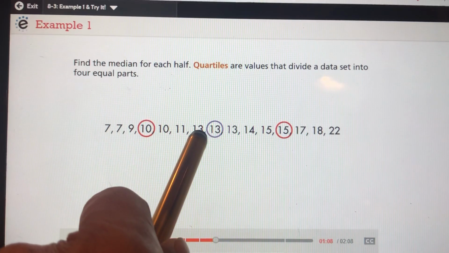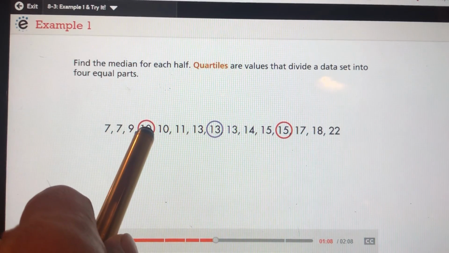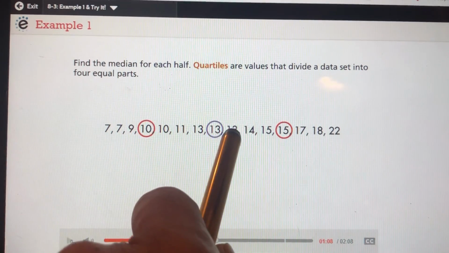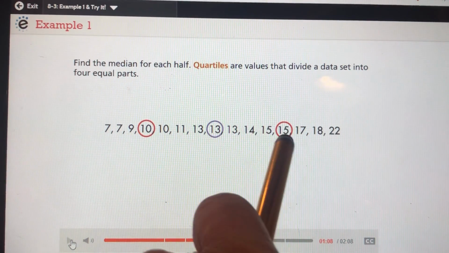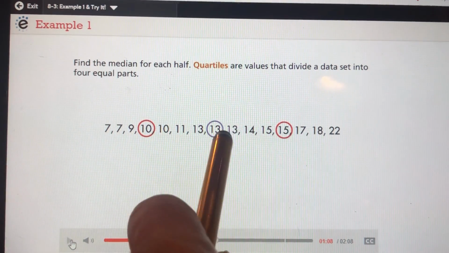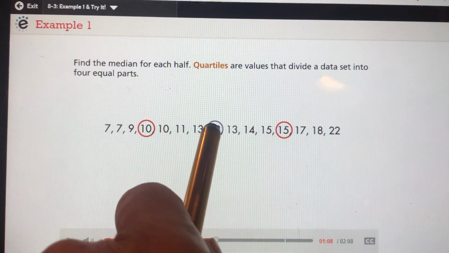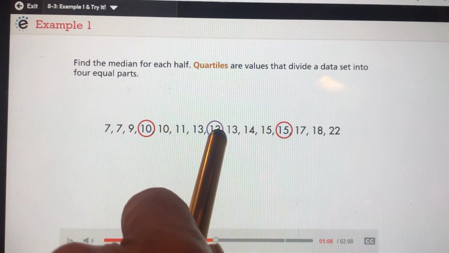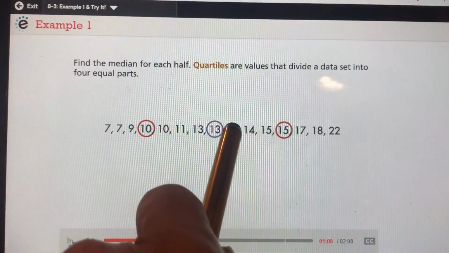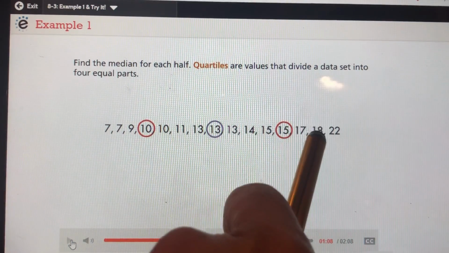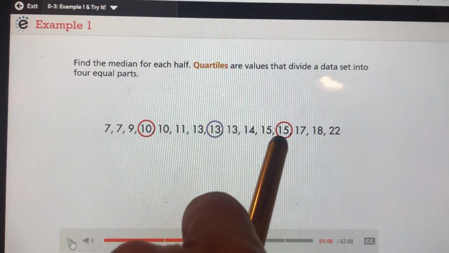An odd amount will always give you one number in the middle, so in this case it's the 10. In the upper half, because this 13 is dividing my group into 2 separate groups, my lower half and my upper half, again I have 1, 2, 3, 4, 5, 6, 7 numbers.